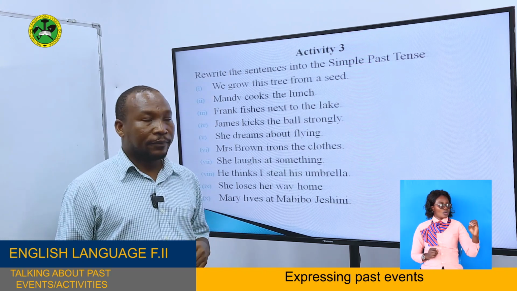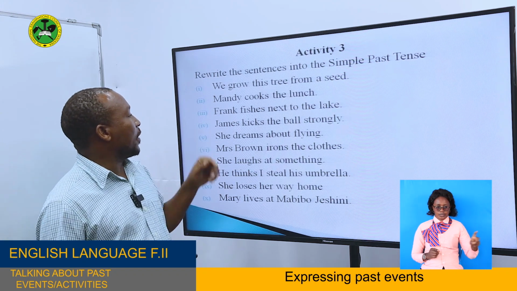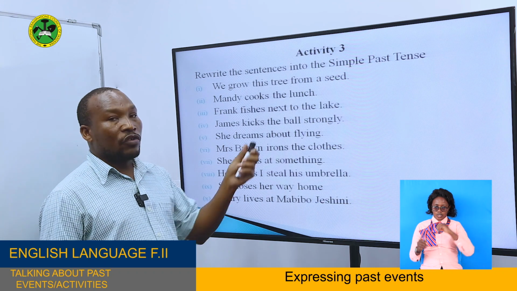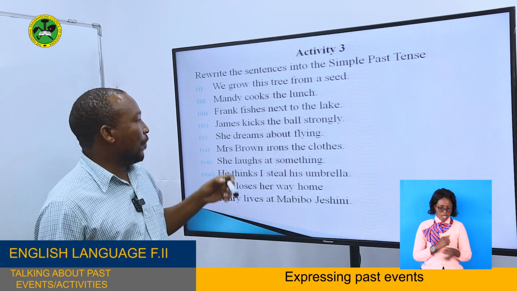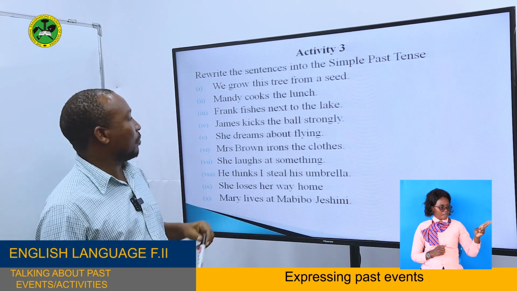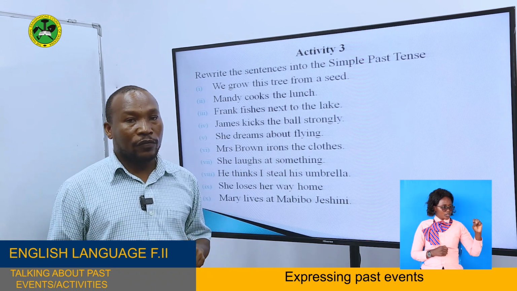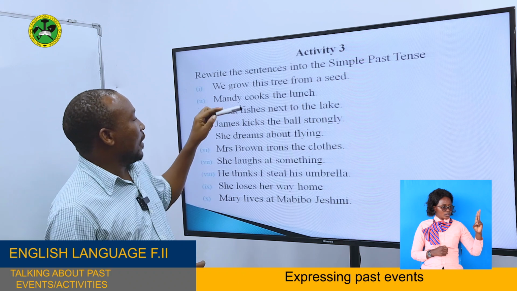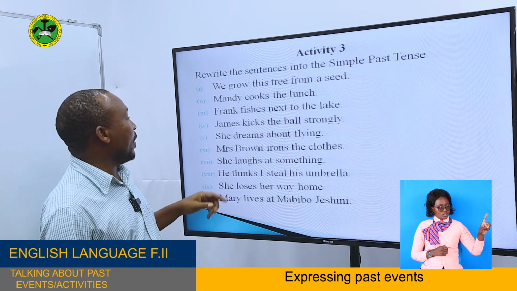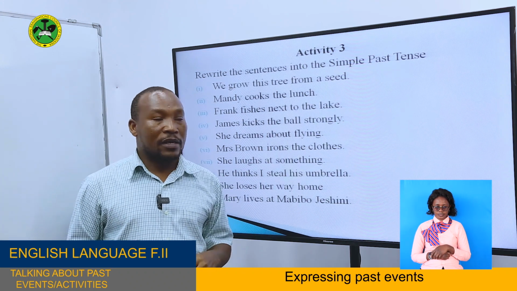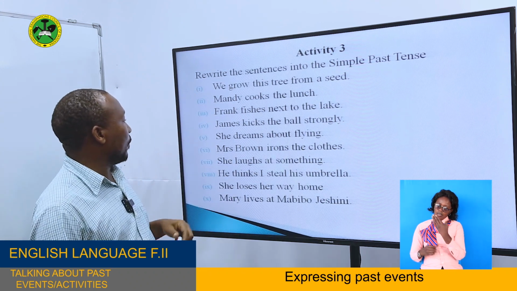Roman 3. Frank fishes next to the lake. The verb here is fish. Now we are going to add only d because it ends with silent e. Therefore, it will be Frank fished next to the lake. Roman 4.